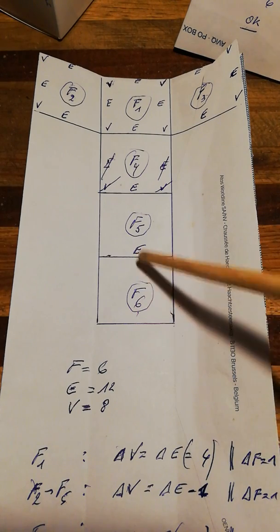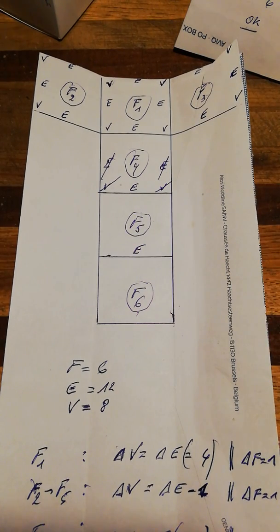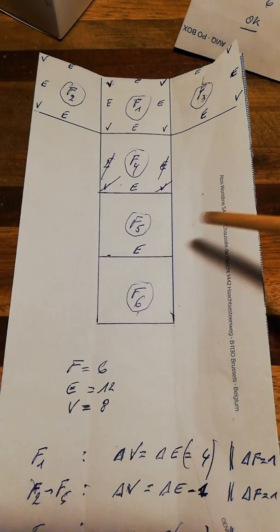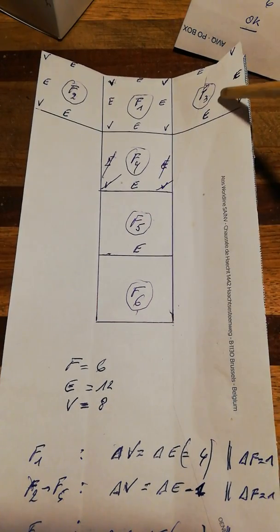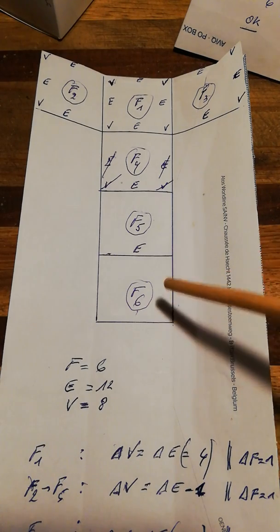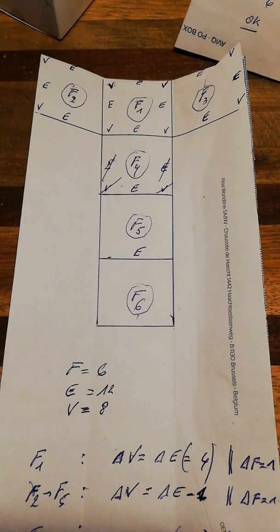And then F5 is the last but one, and it will be linked also partly to this one and the other side faces. It will be linked to three other faces, and F6 will be the last one, and it will be connected with 4 other faces.